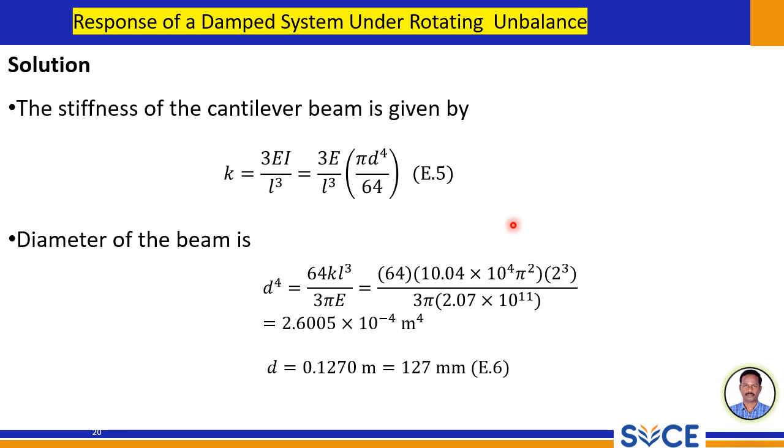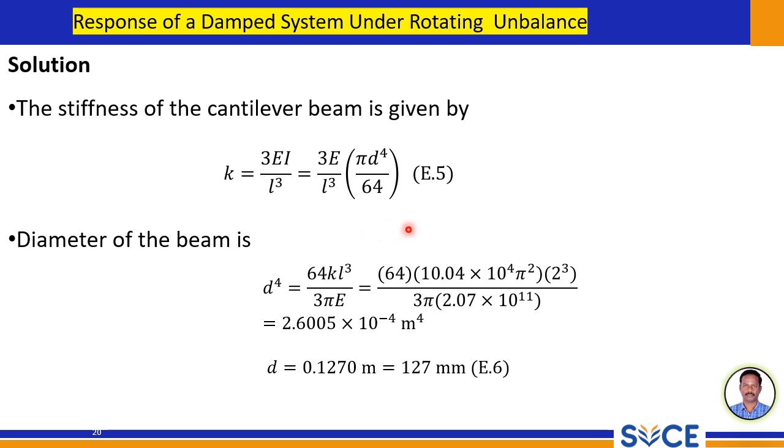It relates the stiffness to the Young's modulus of the material, the moment of inertia of the shaft cross section, and the length of the shaft. The moment of inertia I for a circular cross section is given by pi d to the power 4 divided by 64, where d is the diameter of the shaft. Substituting this into the stiffness equation, we get the expression.